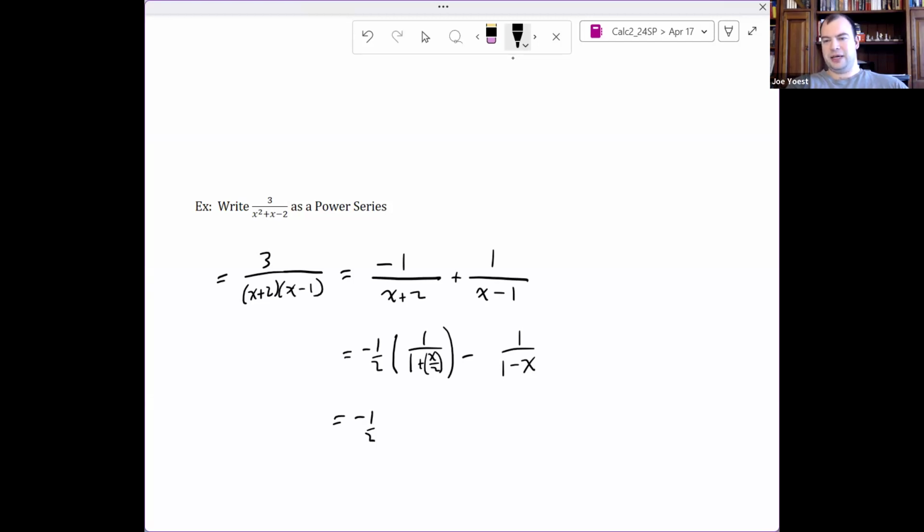Or that's minus 1/2. This is going to be a minus a negative x over 2. So that's going to be 1/2 sum n equals 0 to infinity of negative x over 2 to the n.